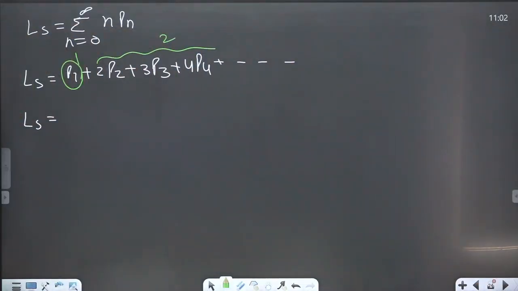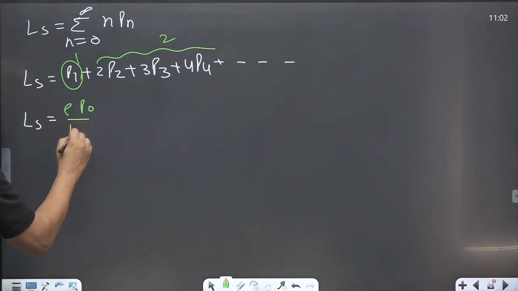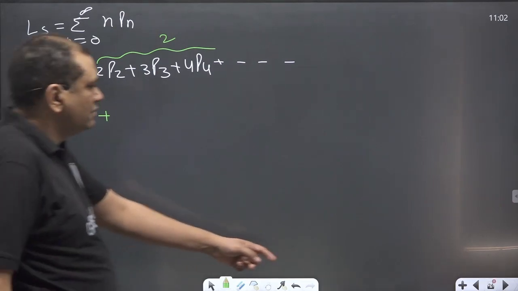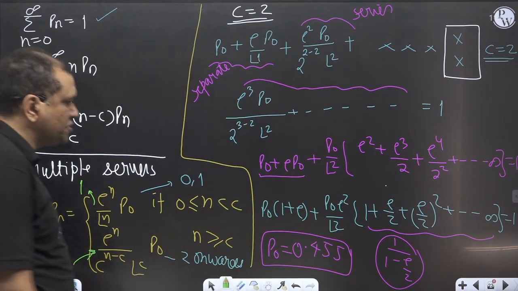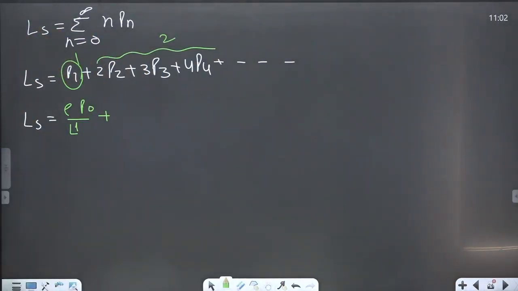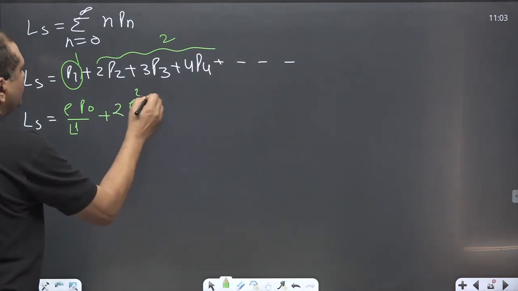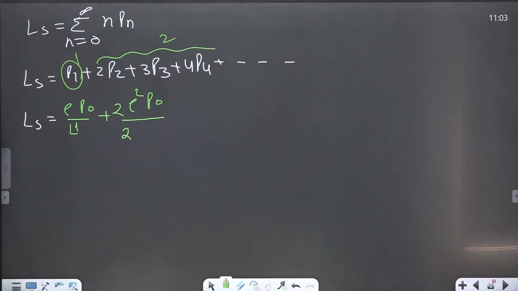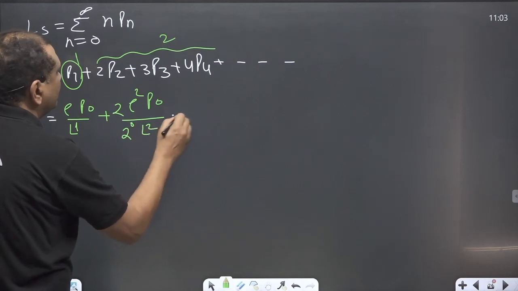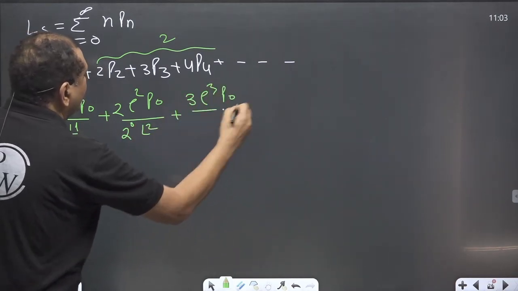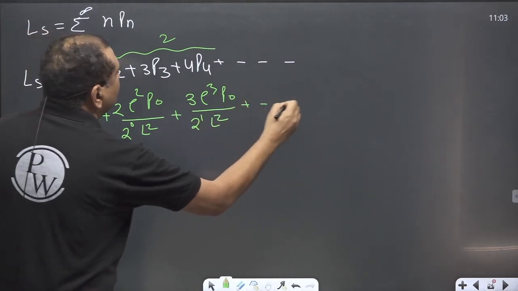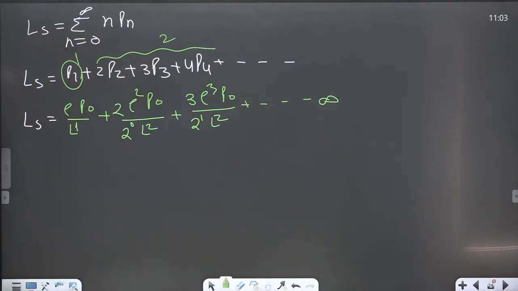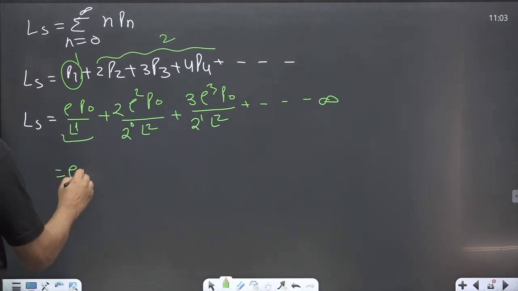P1 is rho P naught divided by factorial 1, and P2 onwards I will be using this term: 2 rho square P0 divided by 2 raised to power 0 factorial 2, plus 3 rho cube P0 divided by 2 raised to power 1 factorial 2, and so on to infinity. Keep rho P0 separate.